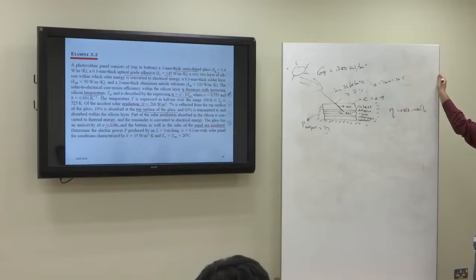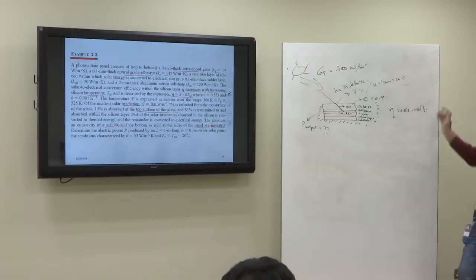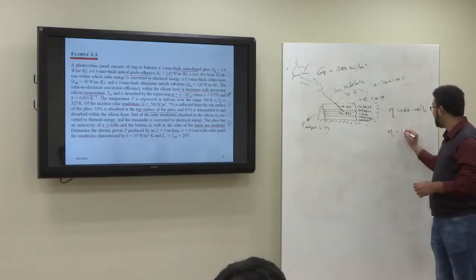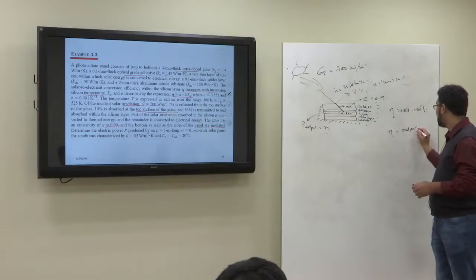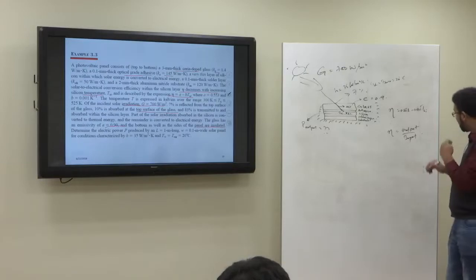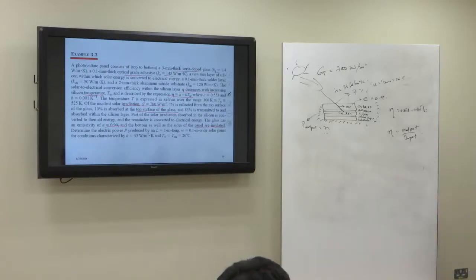Okay. Look, there is a relationship between input, output, and efficiency. Efficiency is output over input, right? So output here is P, the power produced. This is what we need.